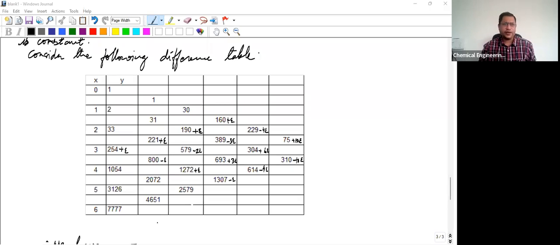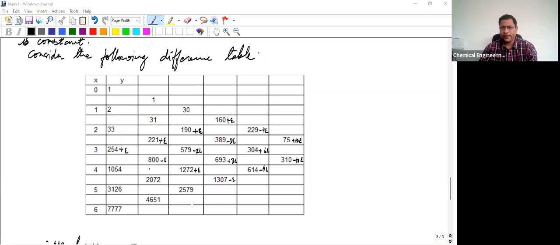In the last problem, we have corrected the table. So I hope you are getting this table, right? This is the table you will have. Now we know how to find the error and how to correct the term.